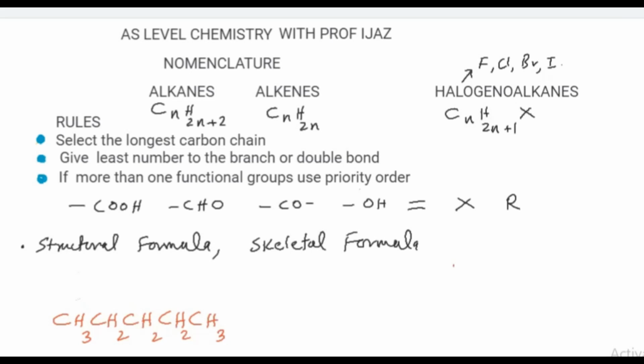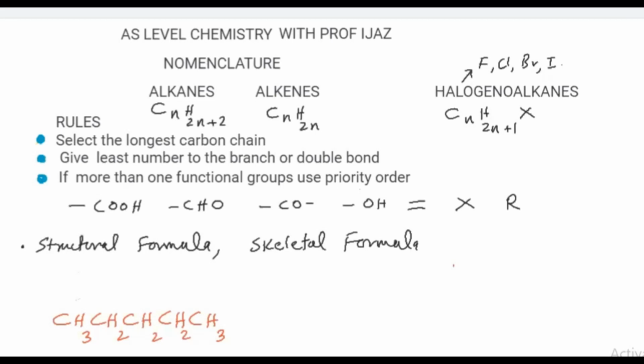Generally, halogenoalkanes just have one halogen in place of hydrogen. If you replace one hydrogen with one halogen, you will get a halogenoalkane. Although halogenoalkanes may contain more than one halogen, in that case you will have to change this general formula.